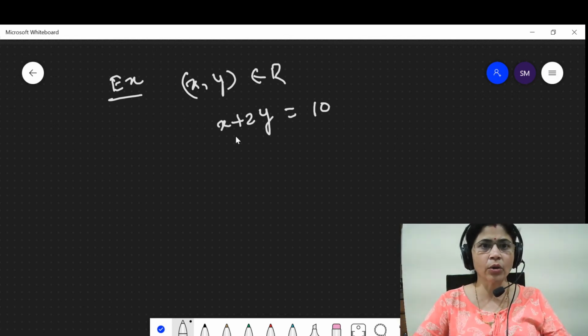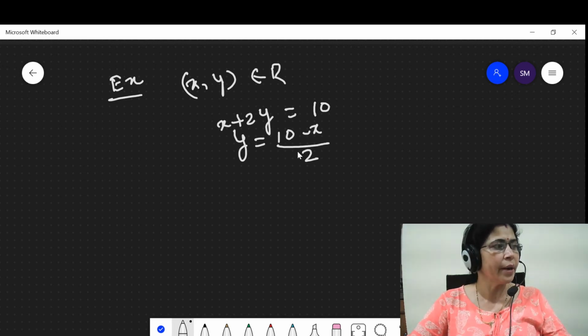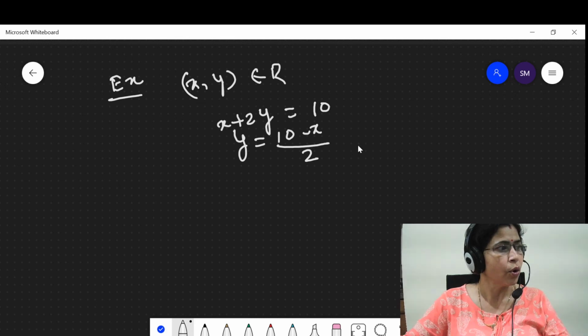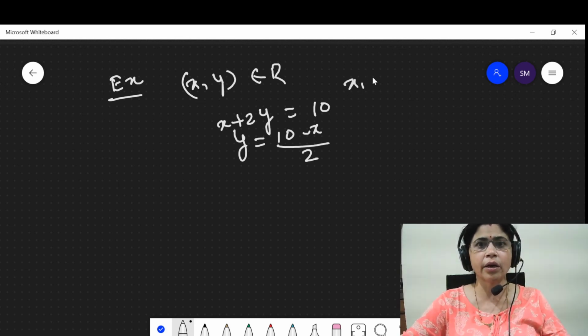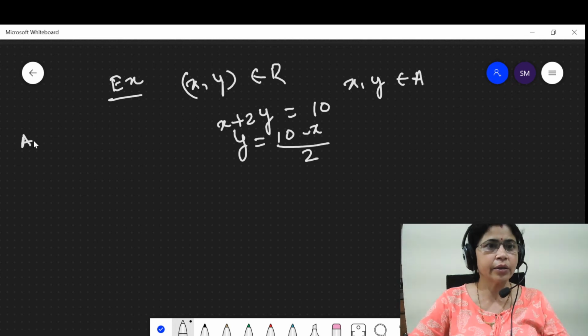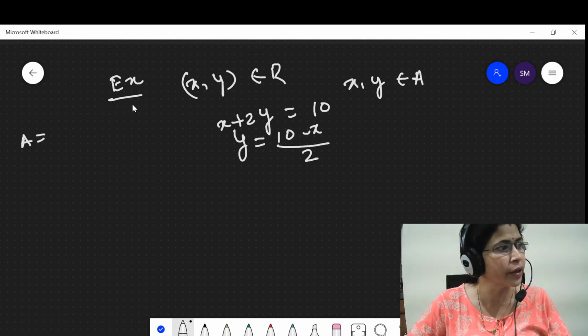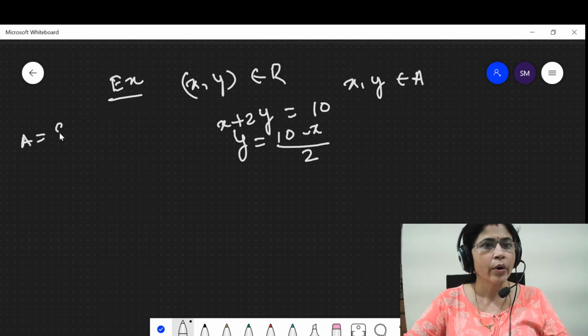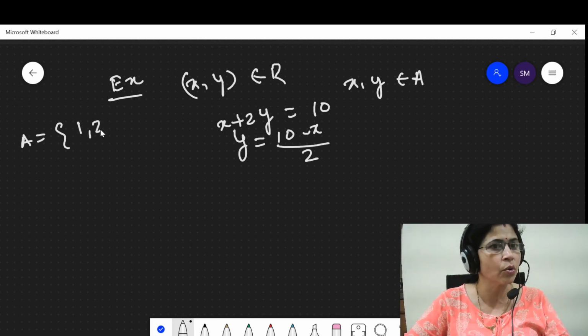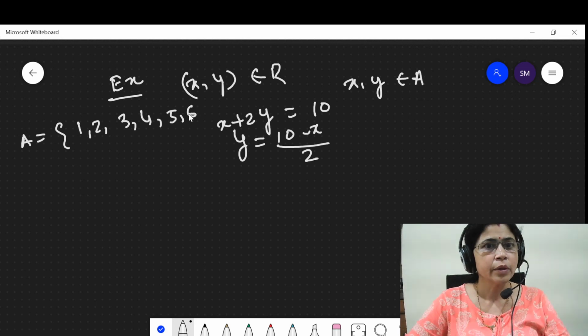This shows that y is equal to (10 minus x) upon 2, where x and y belong to A, where A is the set which contains 1, 2, 3, 4, 5, 6, 7, 8, 9 and 10.